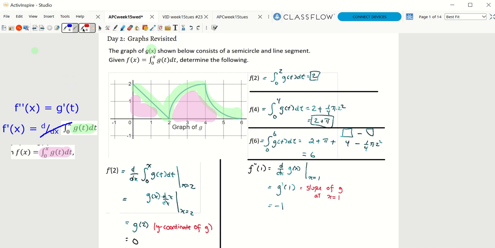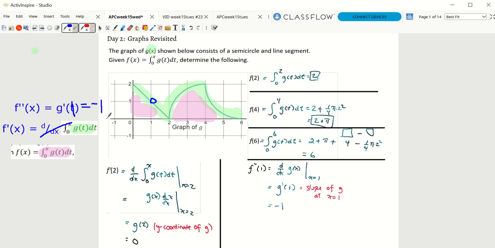For example, if t was 1 and we're wondering what g prime of 1 is, that is going to be the slope. That's asking for the slope at 1, which is 2 over 2, negative because it's going downhill, which is -1. So your answer for f double prime would be -1.